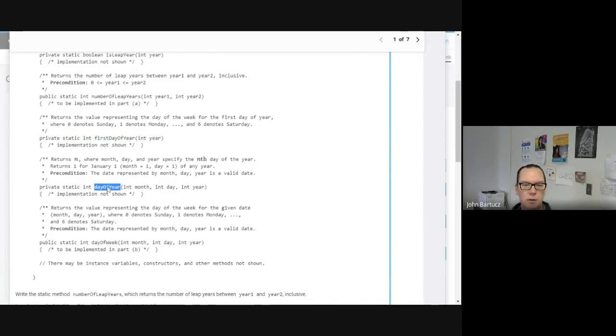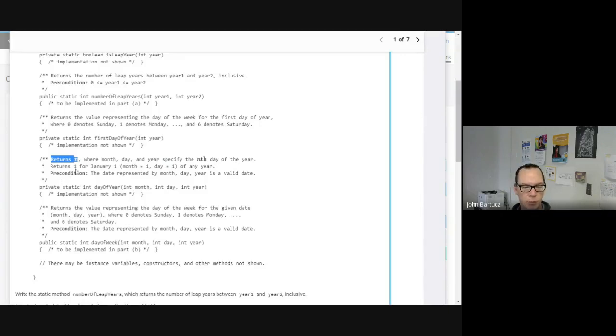Day of year. So this again is going to return an integer. It's going to return that integer where month, day, and year specify the nth day of any year.